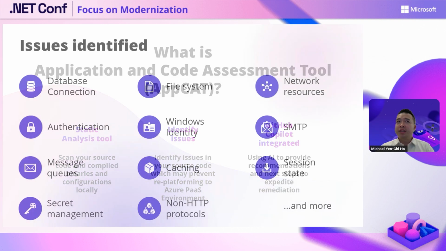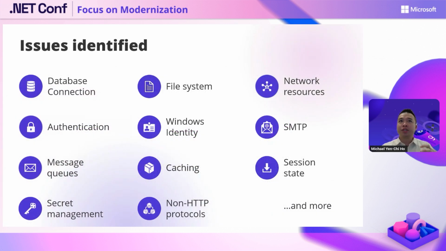What it does on the issues identified is that it captures all of the different source code connection strings, services, and other source code issues. For example, you're using a database connection string that might be SQL Server. You might have some outdated Windows auth that you need to change to Azure auth to be Azure ready.